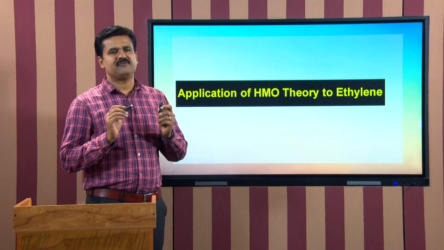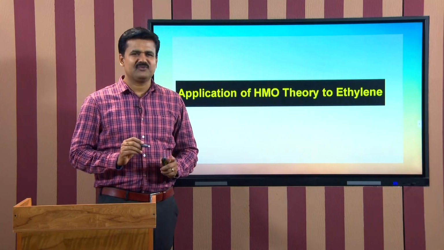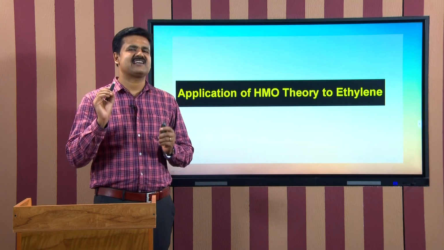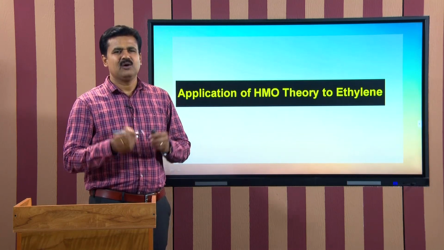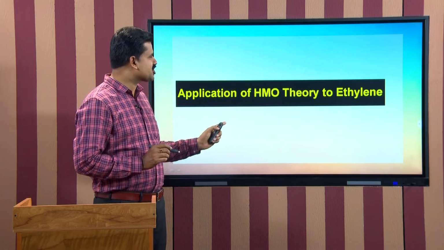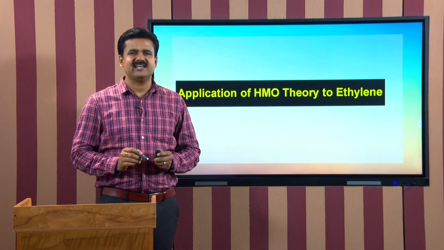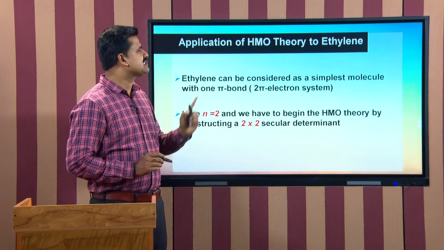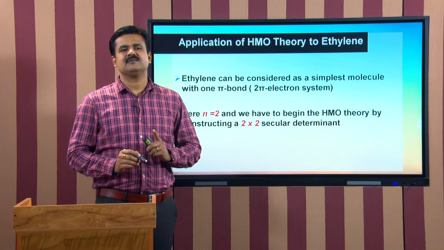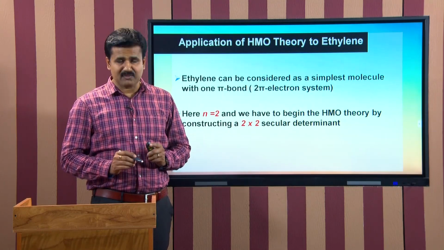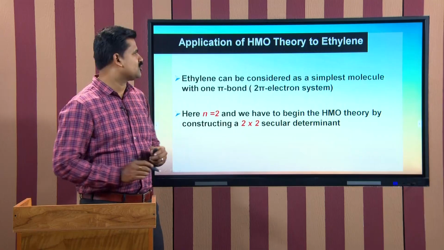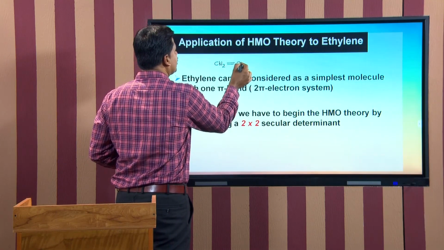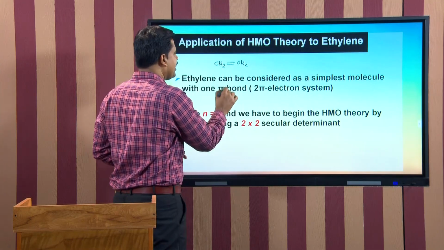Now, we are focusing on application of HMO theory to some simple systems. First of all, we are taking ethylene as an example, that is, we are discussing application of HMO theory to the ethylene molecule. We know ethylene can be considered the simplest molecule with one pi bond, that is, a 2 pi electron system. This organic molecule ethylene, CH2 double bond CH2, consists of one pi bond.